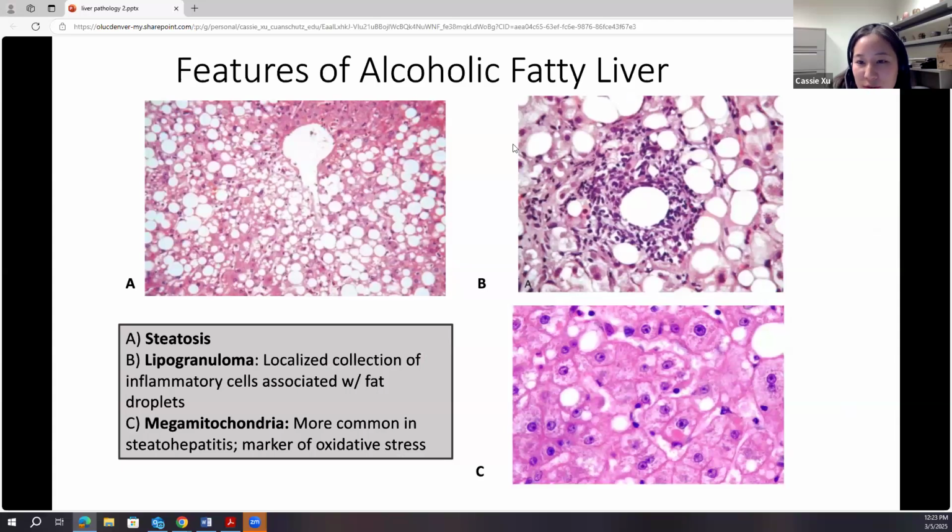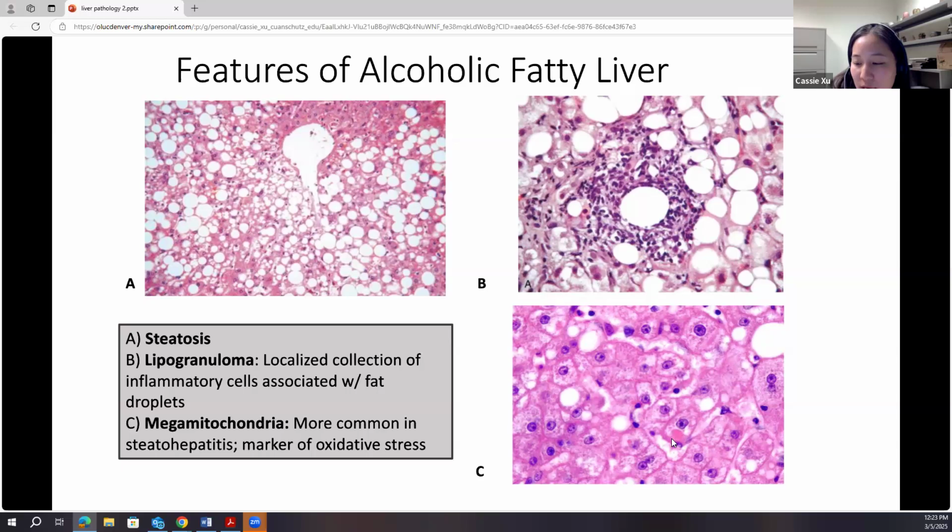So for alcohol fatty liver disease, typically we see steatosis. Like I said, it typically starts in zone 3. We can sometimes see lipogranuloma, which is characterized by collections of inflammatory cells around the fat droplets. And sometimes we can see mega mitochondria.